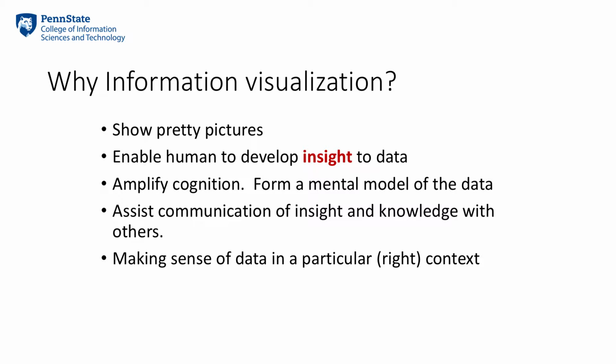You may also combine the observation with the knowledge that you already have so that you can perceive the data in the context of other data. For example, if somebody asks you to draw a map of your house, you tend to draw your house on the map, but also show the nearby landmarks, the roadways, etc., to make it easier for people to understand where your house is located.